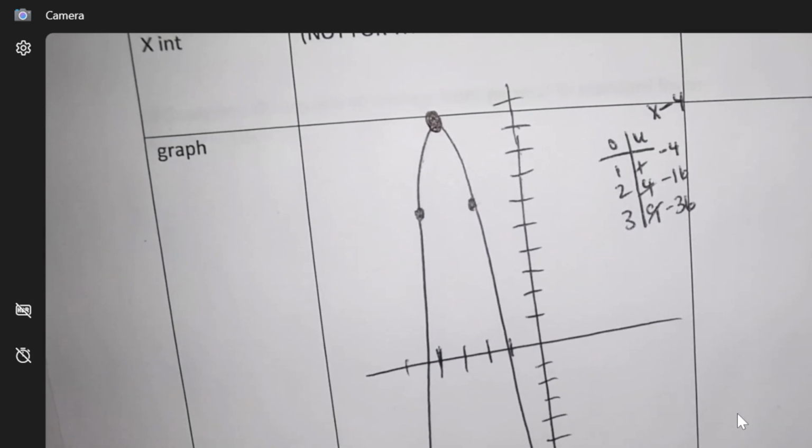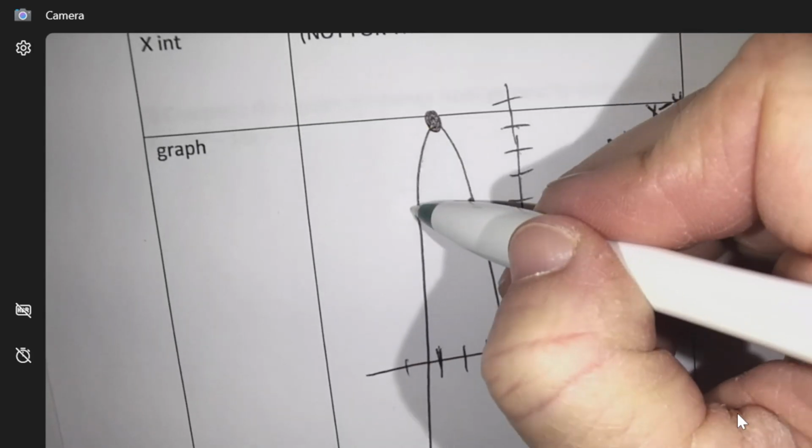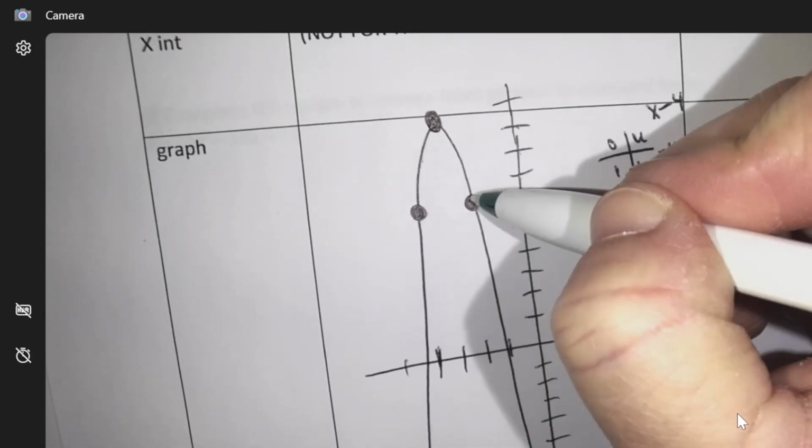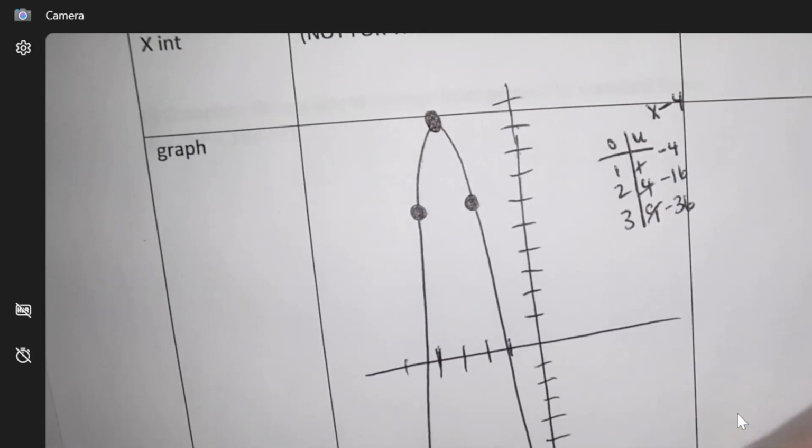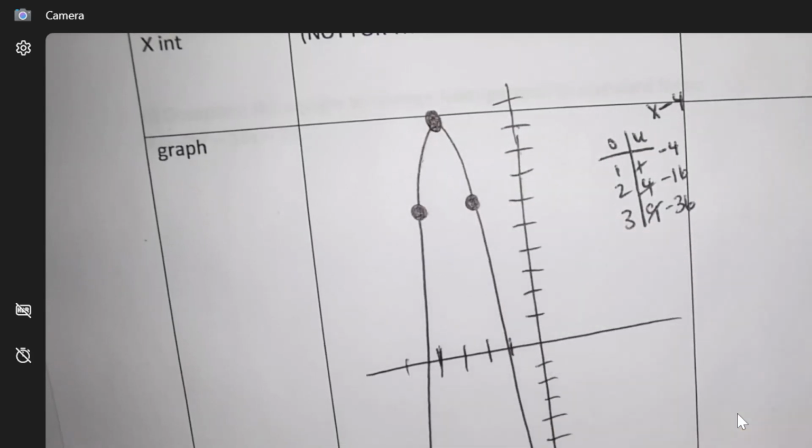So this thing is going to be pretty narrow, right? Because 4 is larger than 1, and obviously the larger you go, the narrower you get. So 4 down, 16 down. So on a test, I will say I expect 5 coordinates on a parabola. So these are my 5 coordinates.